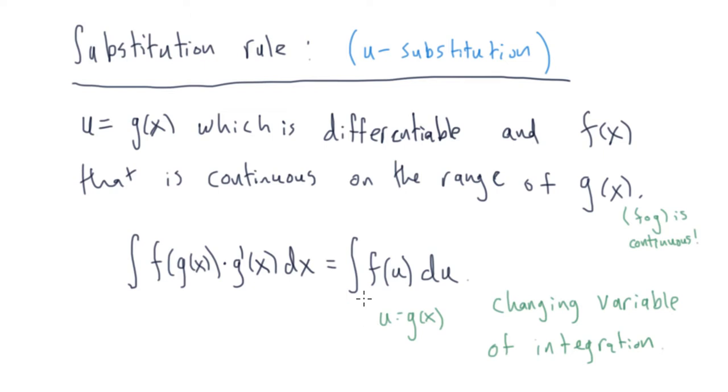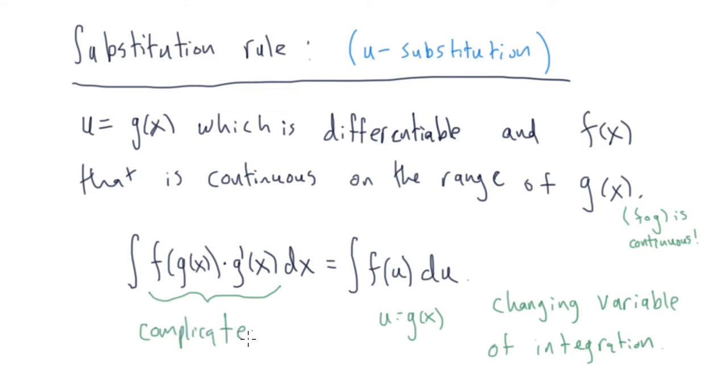But you see that, what is the advantage here? Well, this is complicated, right? So this might be a complicated composition, and then you're multiplying by something else. So on paper, this looks complicated.